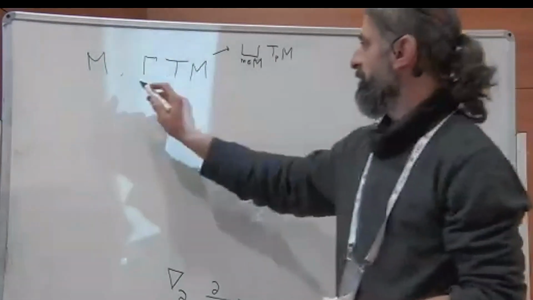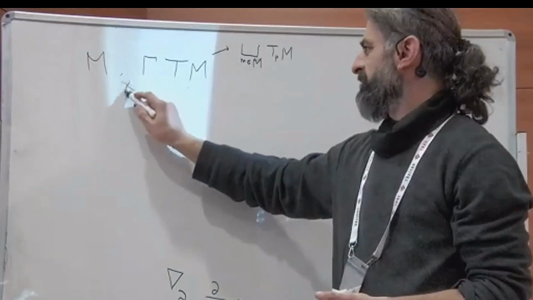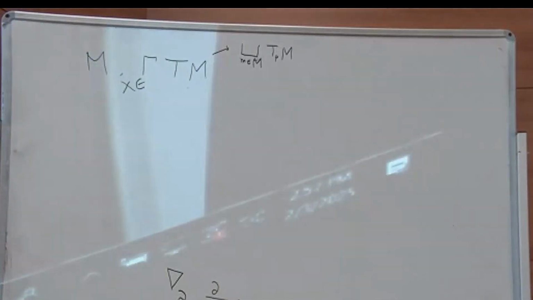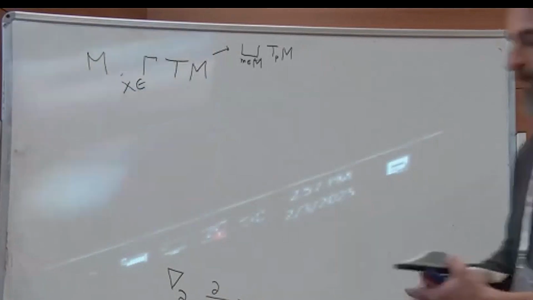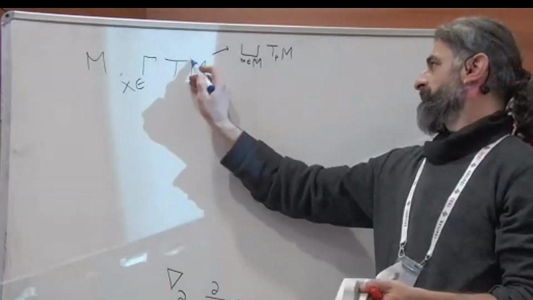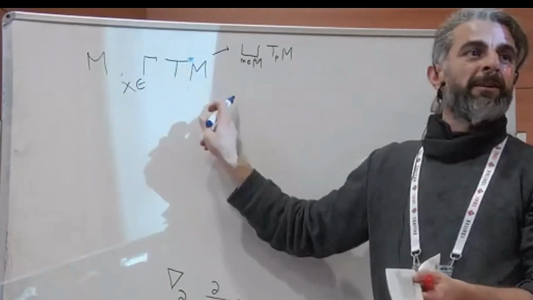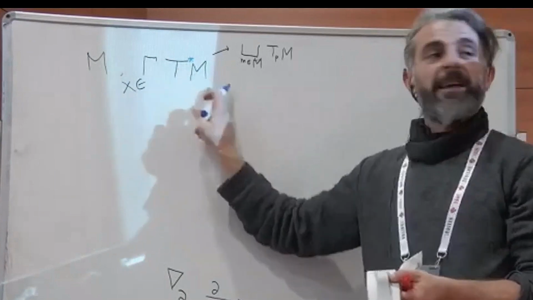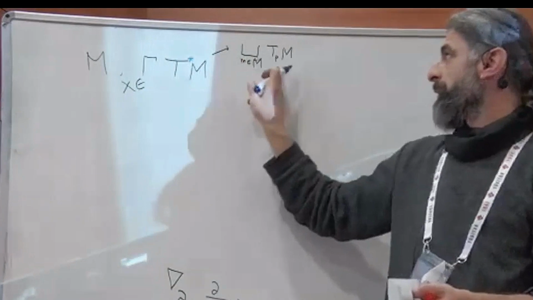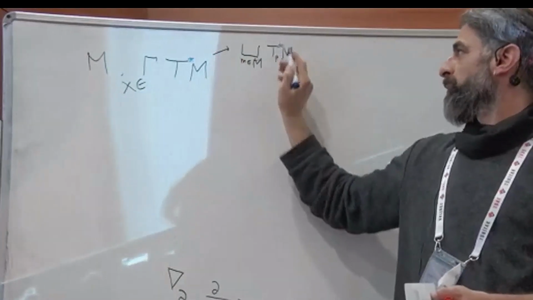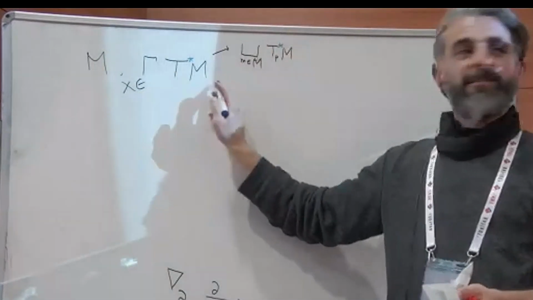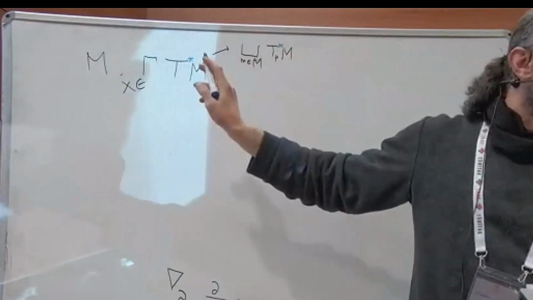Okay? So if X is an element of this structure, it is a vector field. Okay? If you put a star on it, it's the dual cotangent space, namely the cotangent space at the point M. So you take this disjoint union operation and construct the cotangent bundle of the manifold.